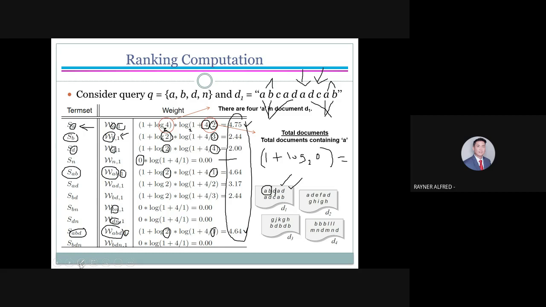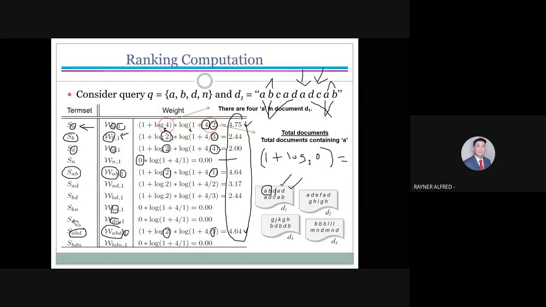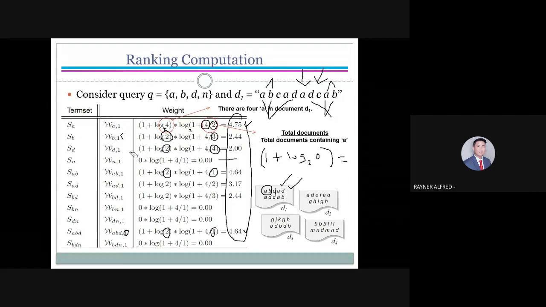So all this computation shows you how to find the weightage of the term set in document 1. So in the exam, you may have to do all this calculation, so you must be very careful.